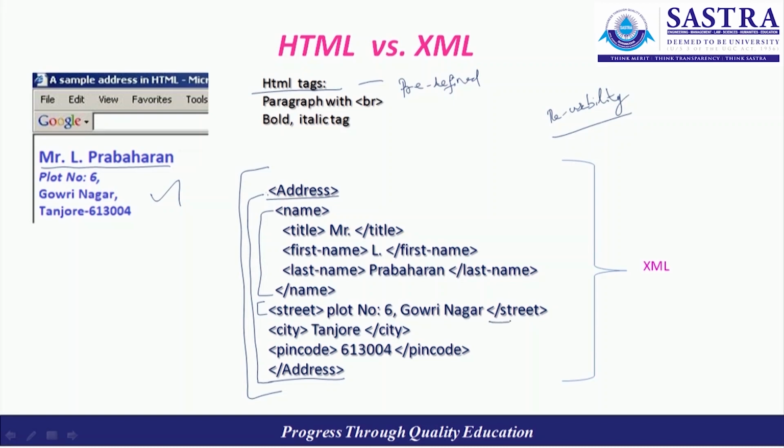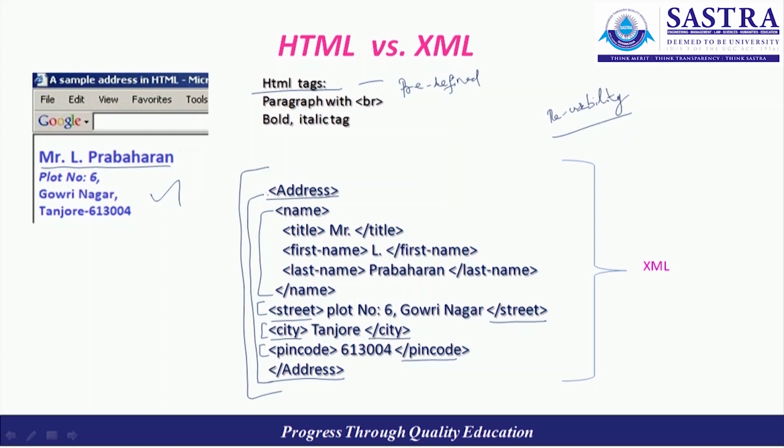It is also closed properly. It is opening and this is closing tag. And third child element, which is city, it is also closed properly. Pin code, fourth child, closed properly. That's all. We have created address.